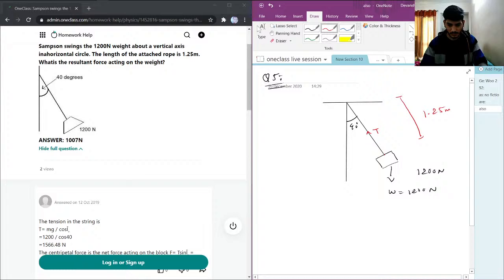If I draw a vertical here, then this angle will be 40 degrees. These will be two components, vertical and horizontal, and here theta is 40 degrees.